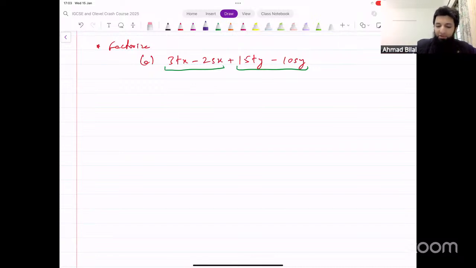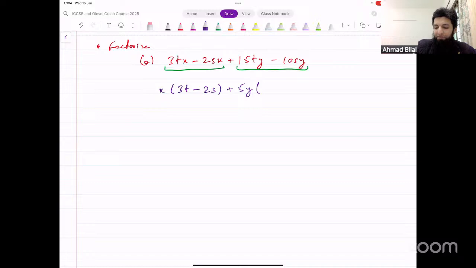So in this case, for instance, from the first two terms, is there anything that we can take common? Yes, we can take x common from the first two terms. That leaves us with 3t minus 2s inside. Now, from the third and fourth terms, is there anything that we can take common? First of all, from the numbers 15 and 10, we can take 5 common, right? And then from these letters, ty and sy, y is common. We can take y common.